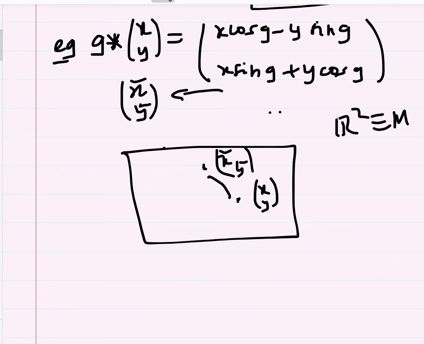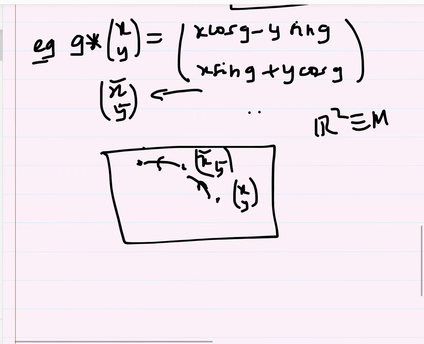So it's being transformed to that. And when another parameter acts on x bar, y bar, you're getting a third point, etc., etc. And it is this curve that's being traced, and this curve has a parametric equation given by that.